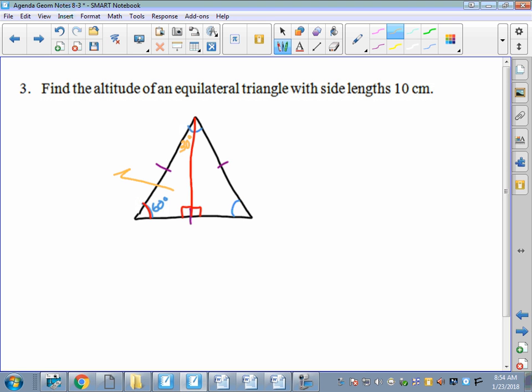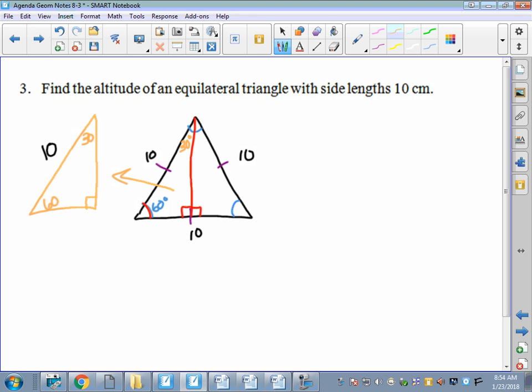So if I took out half of that triangle, here's my right angle, here's my 60, here's my 30, and it says that the side lengths of that equilateral triangle are all 10. So this is 10, this is 10, and this is 10. However, that bottom one got chopped in half, right?